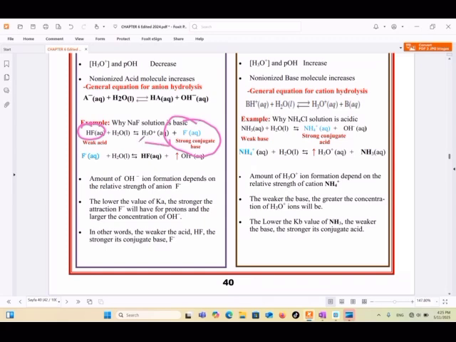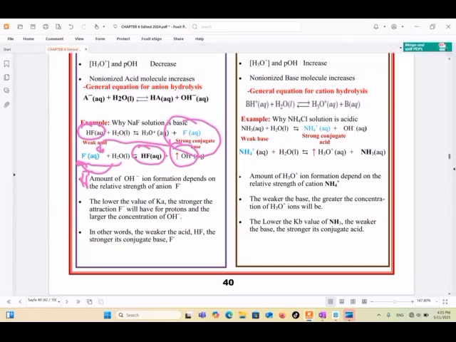And the F negative reacts again with H2O, because of having a great tendency to attract protons. The H2O donates the proton to F negative, and F negative accepts the proton and then produces the non-ionized acid molecule with increasing hydroxide concentration.